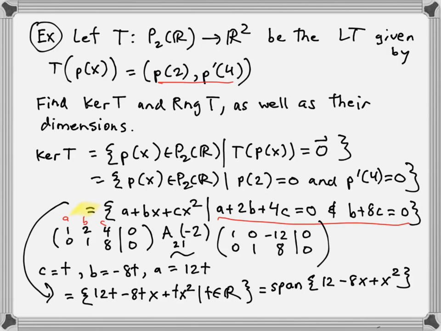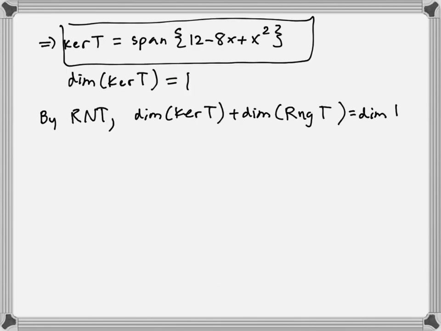Let's go back. V was P2(R). But we know the dimensions of two out of the three of these things. The dimension of the kernel is 1, because we just did that problem. And we know the dimension of P2(R) is 3. So what does that mean? That means that the range has to have dimension 2.